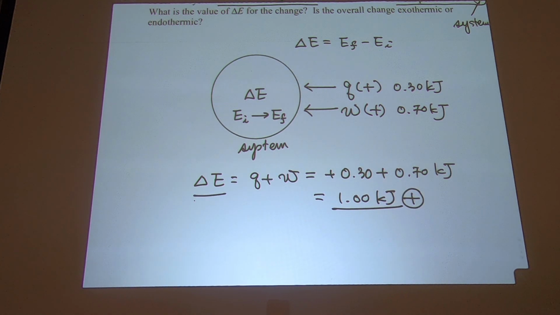So your internal energy goes up, and that means you're absorbing heat and work from the surroundings. Your net internal energy goes up, which means it is an energy absorbing process. Therefore it is endothermic.